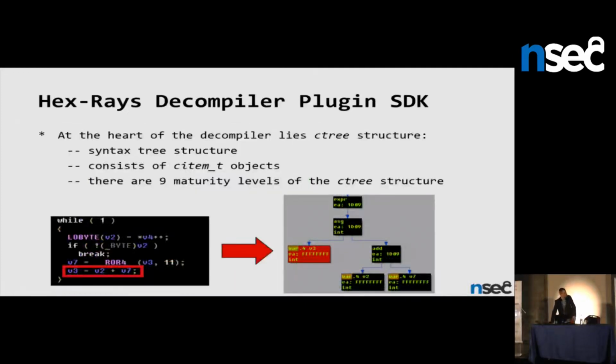On this slide, we can see how, for instance, this expression, variable 3 equals variable 2 plus variable 7, is represented. This is variable 3, and this is the assignment operator. So on the left-hand side of the assignment we have variable 3, and on the right-hand side we have the node add with variable 2 and variable 7.